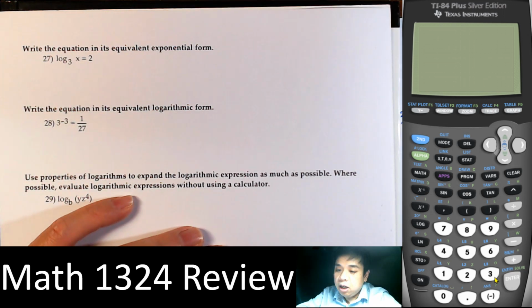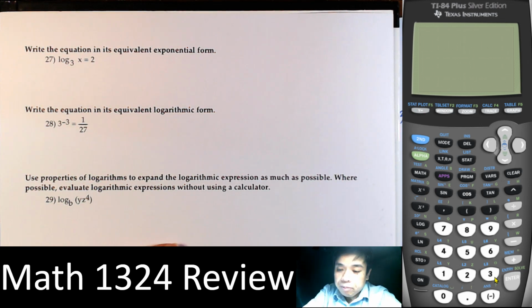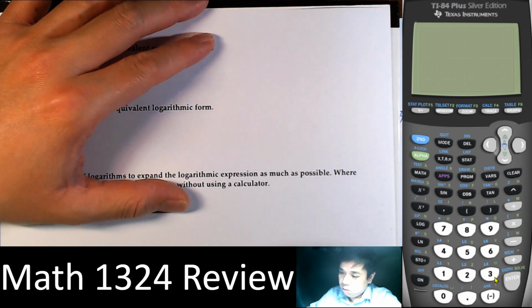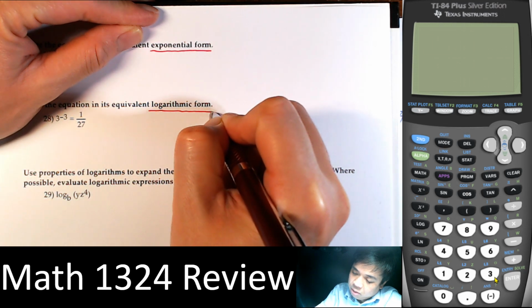Write the log. Next I will do these two together. Write the equation in its equivalent exponential form. So one of them is exponential form, the other one is logarithmic form.